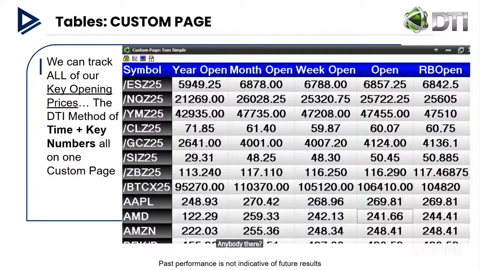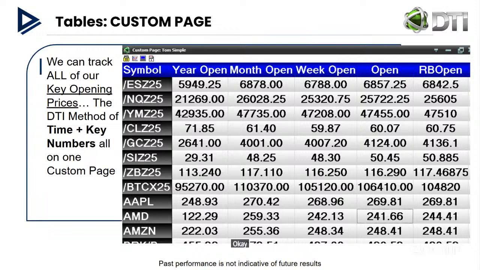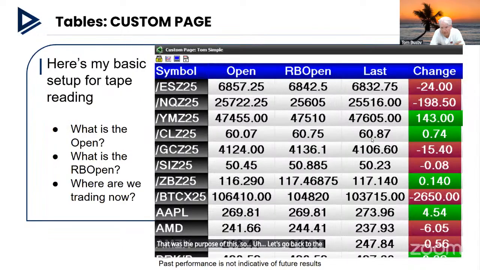Tom, you should be seeing the custom page right now. Yeah, but I want to go to the other features on the custom page that I have. That was the purpose of this. Okay, Jonathan, are you here? Let's go back to the start if he's not in tune.